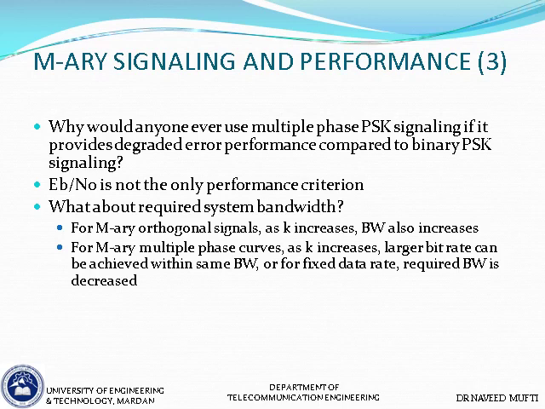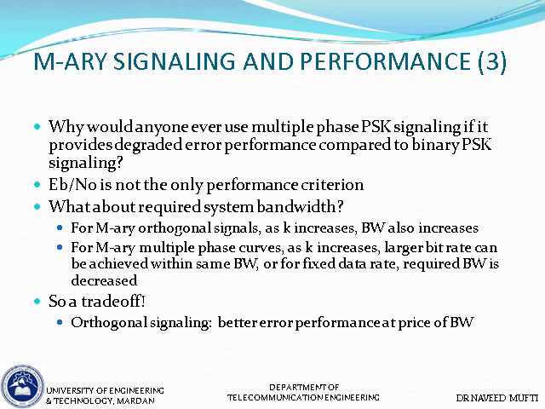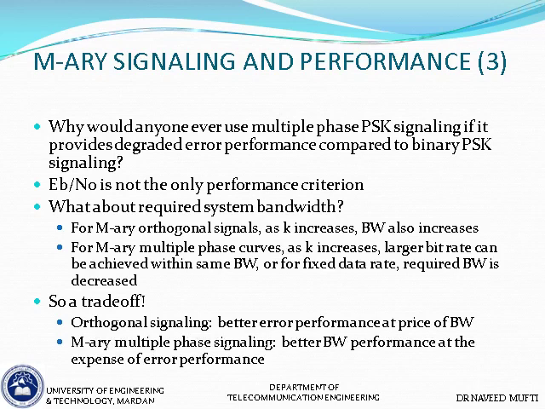So with multiple phase M-ary signaling, as k increases, the bandwidth requirement decreases, but with M-ary orthogonal signals, as k increases, the bandwidth requirement increases. That's where the difference is. Considering just Eb/N0 and bandwidth, we have a trade-off. We have to make a choice or balance.